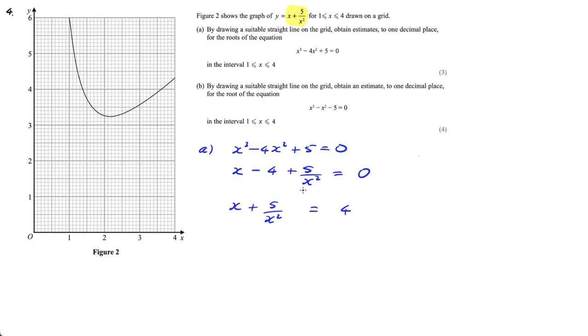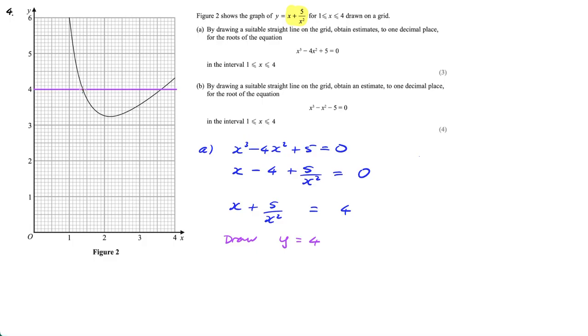So I get x plus 5 over x squared equals 4. So now I have the graph equals 4. So I just draw the line y equals 4. Now I might even write here, draw y equals 4. So get y equals 4 here, draw a line across.